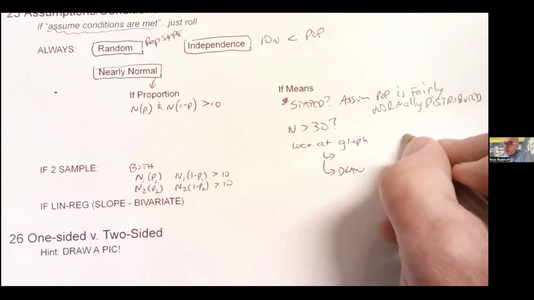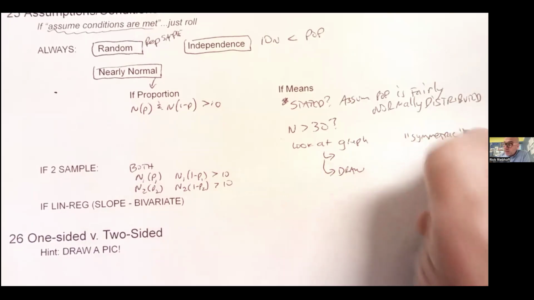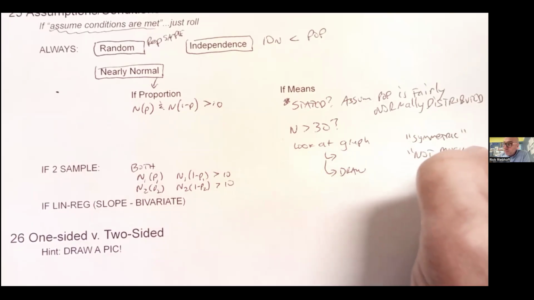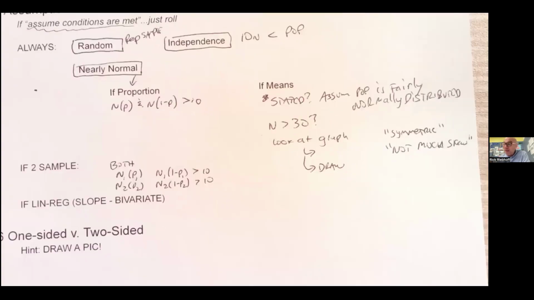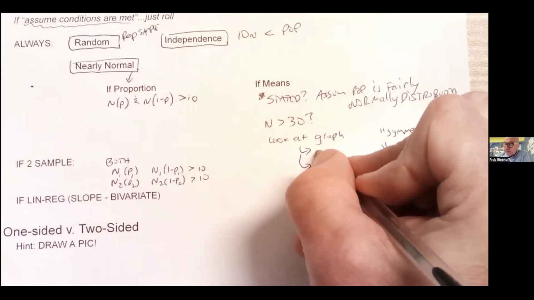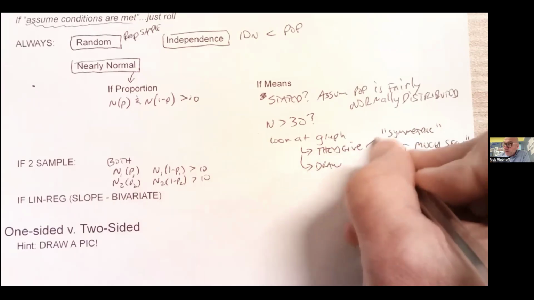And I would stick to things like, is it symmetric? Is there not much skew? Those are the things we're looking for. If it's on the AP exam, it's probably going to be just fine. If they give a graph, we're looking for those two things.